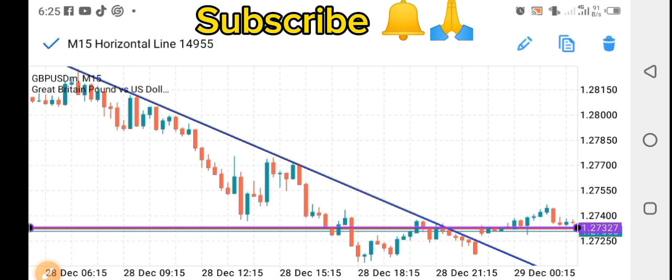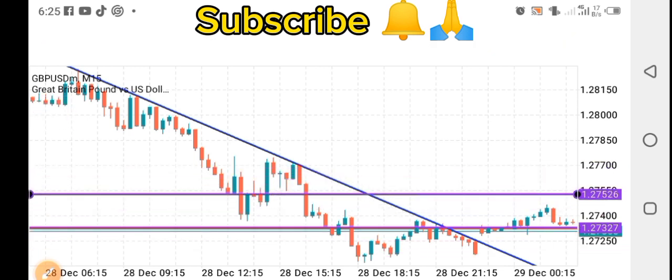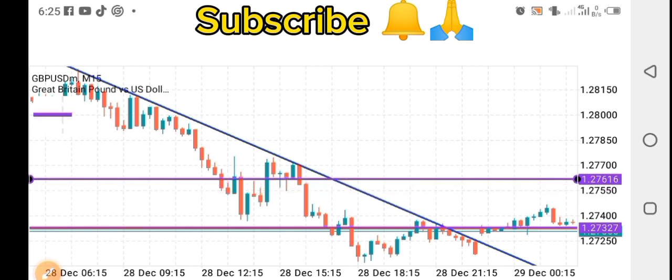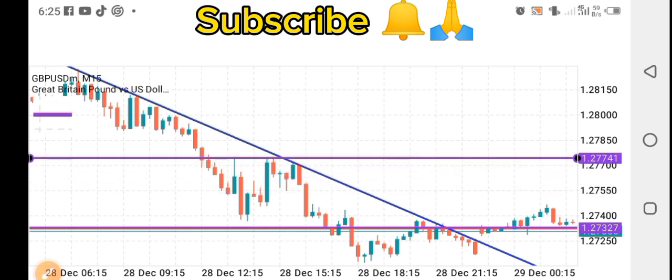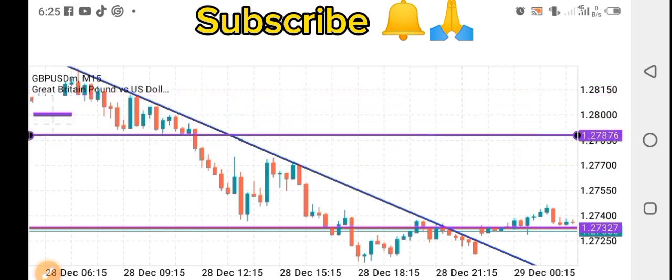Okay, let me copy this horizontal line. So the barriers that you have to the left is what will let you know where your take profits should be. Okay, one of the barriers I have here to the left is this lower high, like a resistance. There's a resistance here, there's a support here.